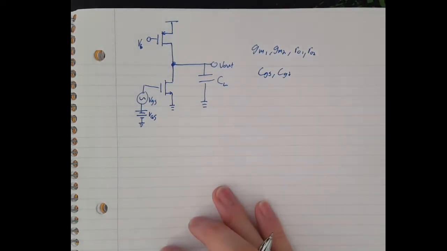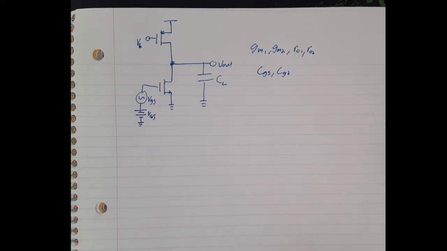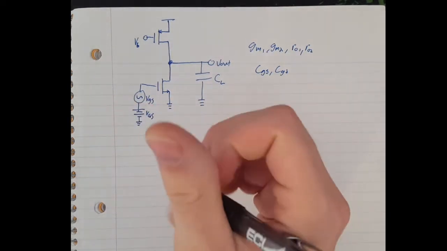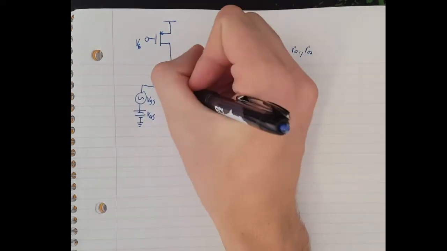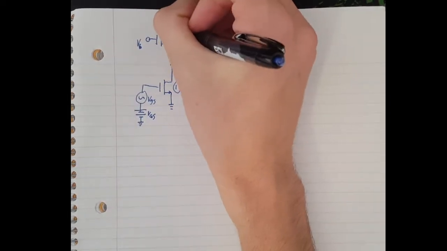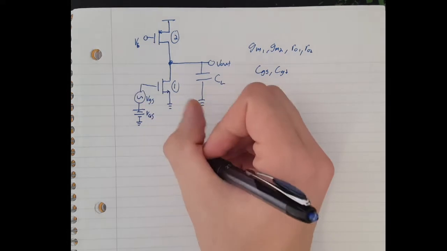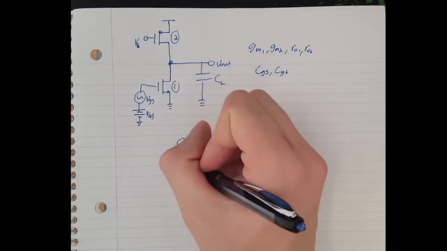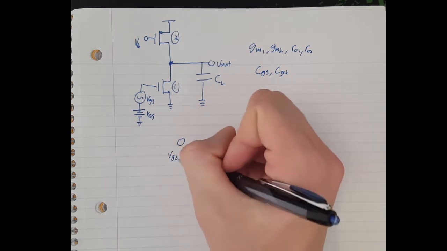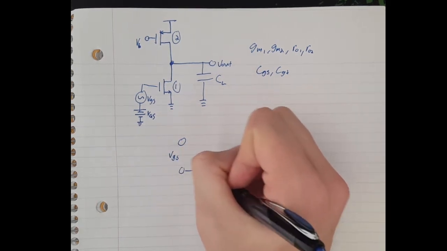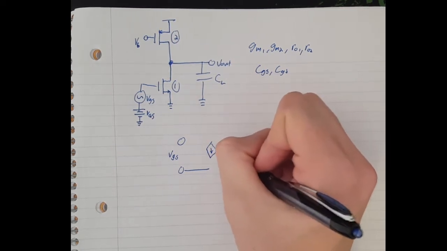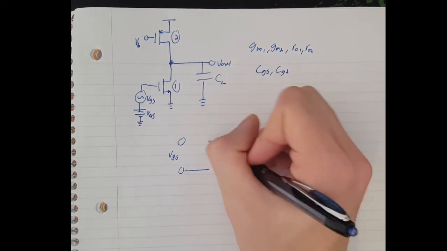So we're going to start out with small signal, low frequency, whatever you want to call it. And let's call this 1, let's call this 2. To that, we're going to have our VGS here. This is Vin. Have our GM VGS.